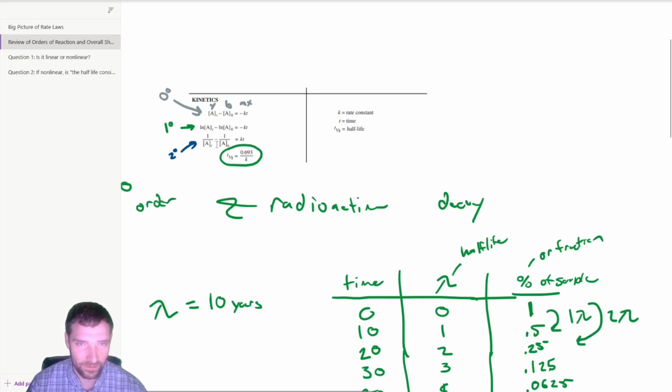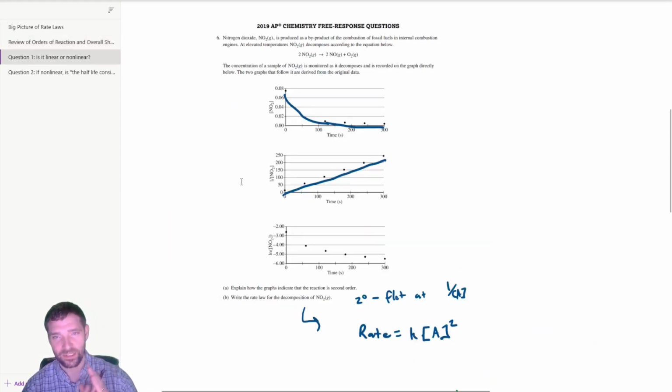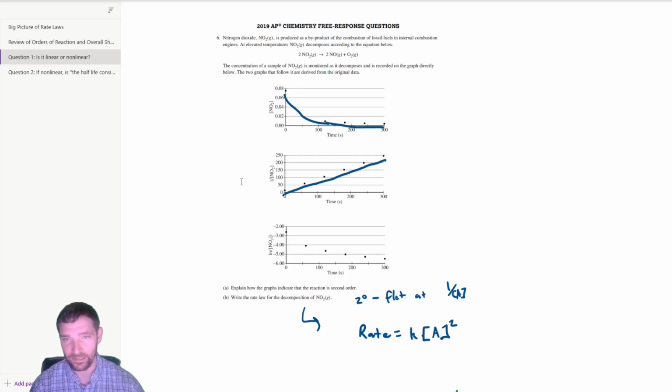And if you do second order, 1 over A, then that should also be linear. But what the linear nonlinear is really asking about is just the A to T. So I can clearly see that this is not a linear relationship with the A to T graph right there. So that is clearly not zero order.